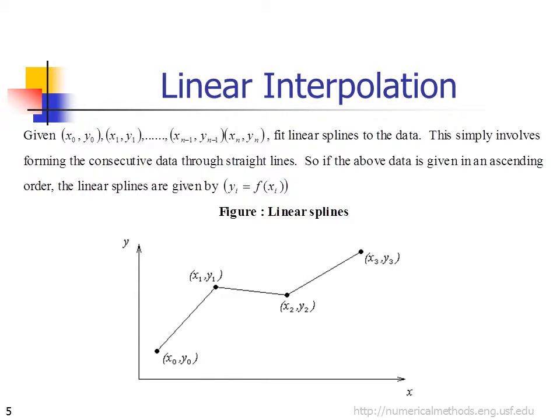What is a linear spline? A linear spline is just joining the data points and interpolating the values between those points. It is a short method, but it carries a lot of error. So it's not a good idea to use linear interpolation.